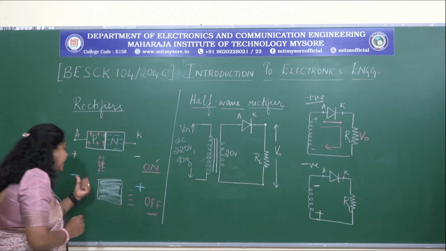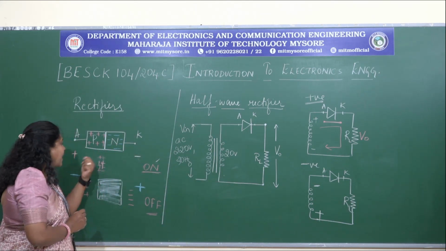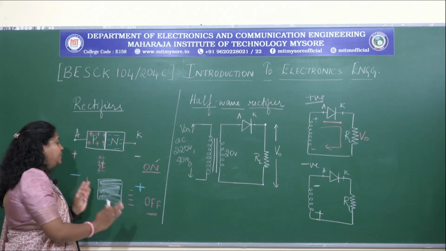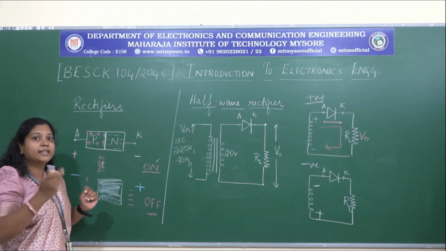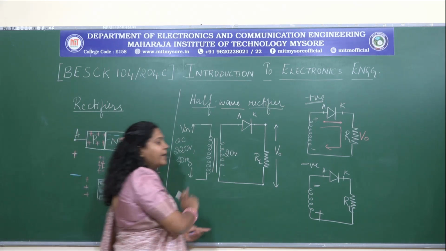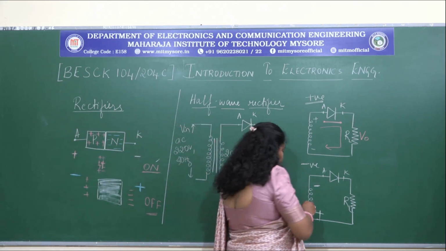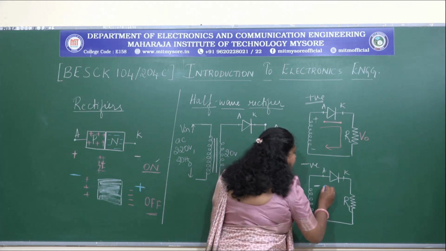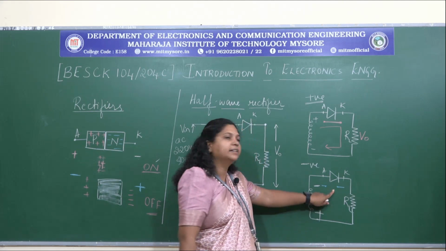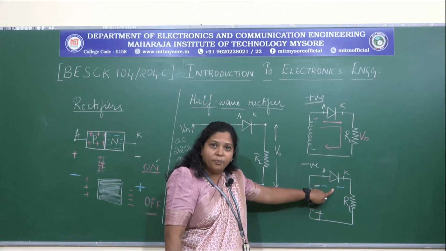When anode is connected to negative, there is a wide barrier gap between the P and N regions. So there is no current flowing through it. So it is in the off state, and when it is in the off state, we represent it as an open circuit.